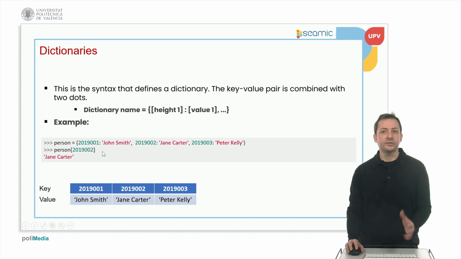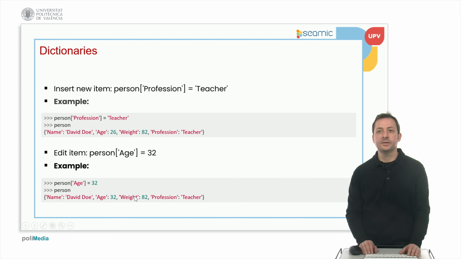In order to retrieve a specific element, for example this one, we need to use the key. So if we put into brackets the key that we want to retrieve, this operation will return the value, that is this. And here you can observe how elements are represented in this data structure by the key, and each key stores a value.